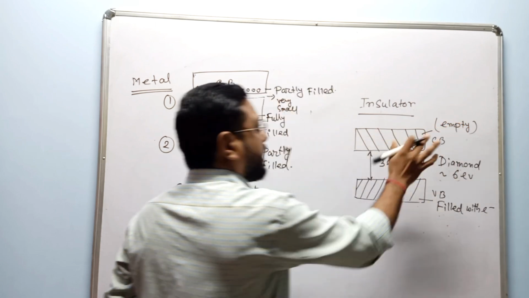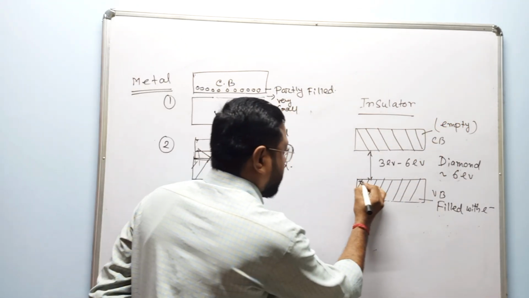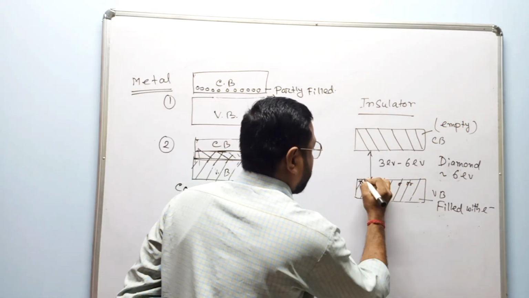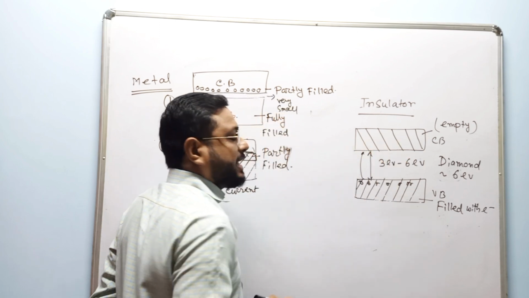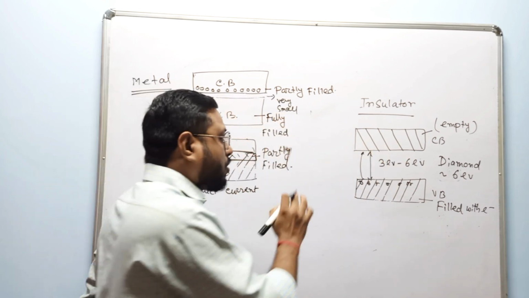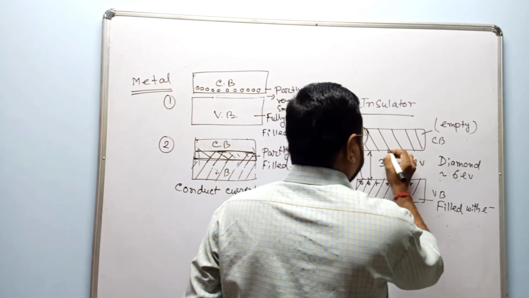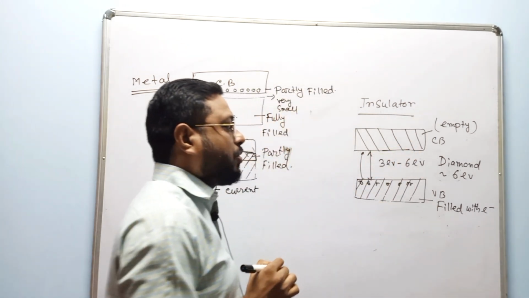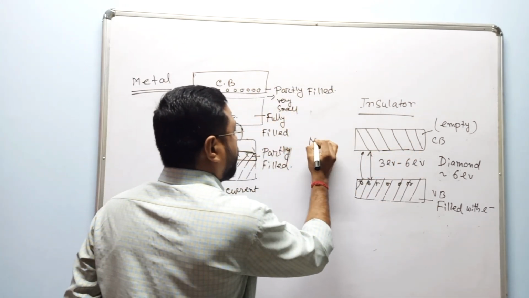No electron reaches from the valence band to the conduction band as the band gap is very large. So there is no conduction electron in the conduction band and no current flows.